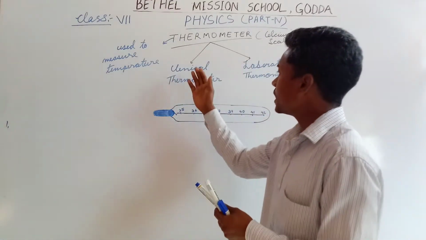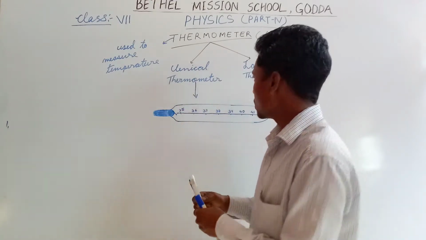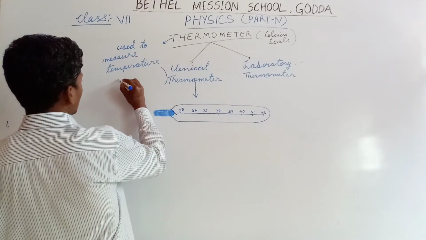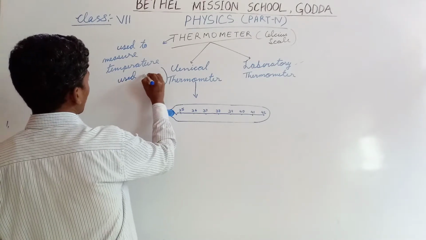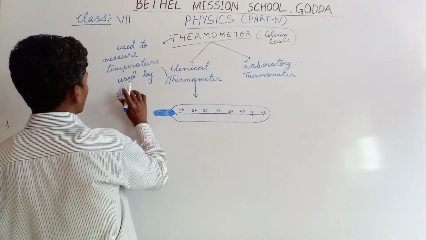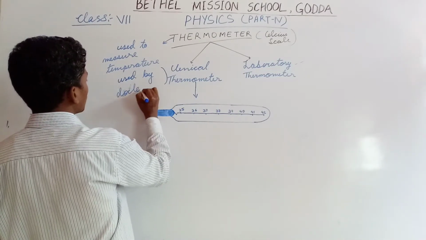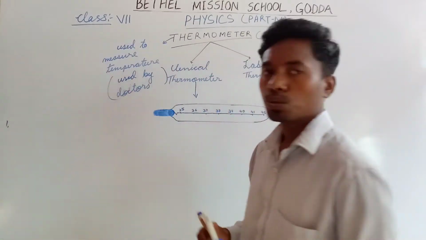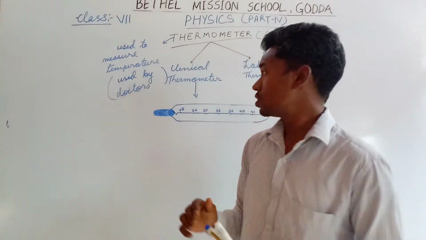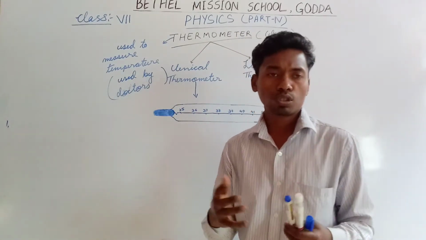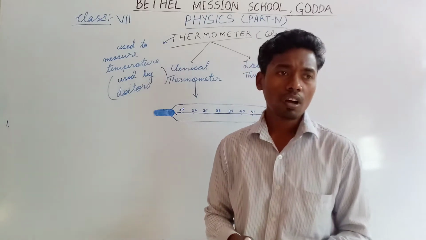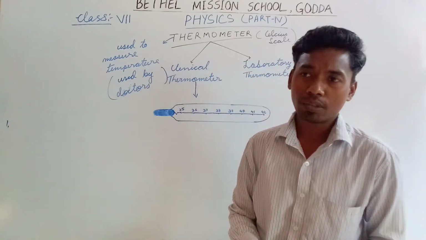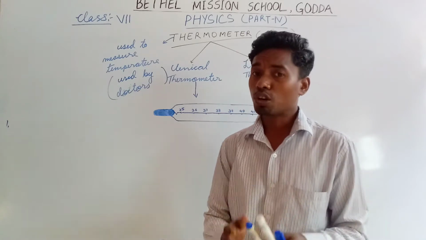So the clinical thermometer is used by doctors to see the body temperature of patients whose body temperature is not normal, who have fever, or might be suffering from some type of disease, to see whether their body temperature is normal or not.